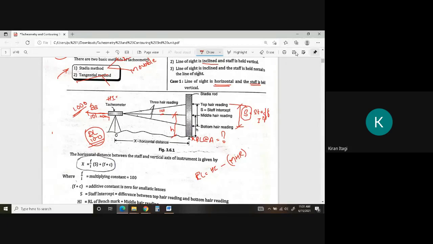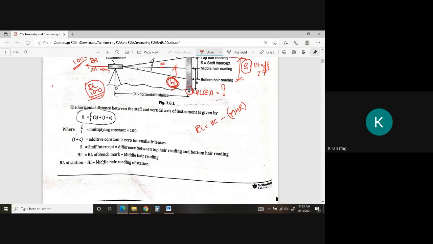So to determine this point, what you will do? You will subtract this small h. So you will get the RL at that point. If you understand this, then the numericals will be very easy. In this condition, your staff is held vertical and the line of sight is horizontal.